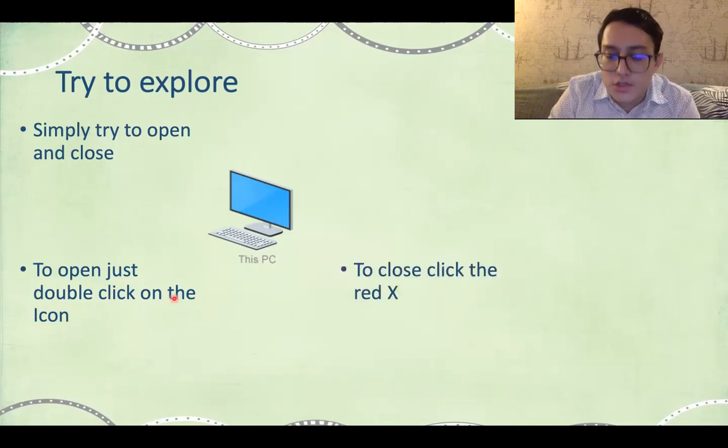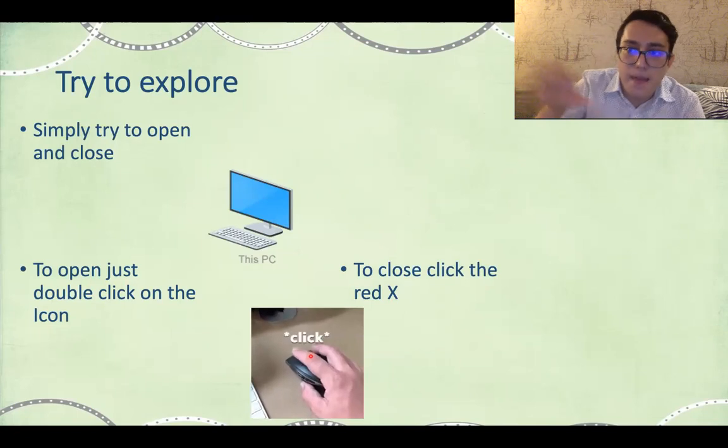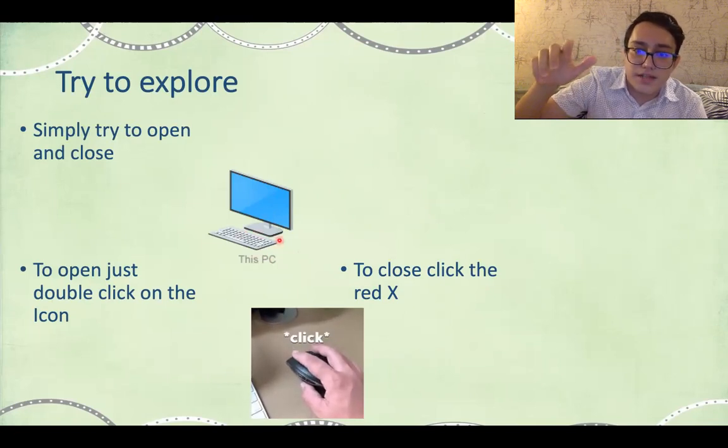And to close, you just click the red X. So you double click with your mouse. You see, this is your mouse. Do you remember? This is your mouse. So you double click your mouse on the icon. You find this icon on your desktop and you double click the icon.